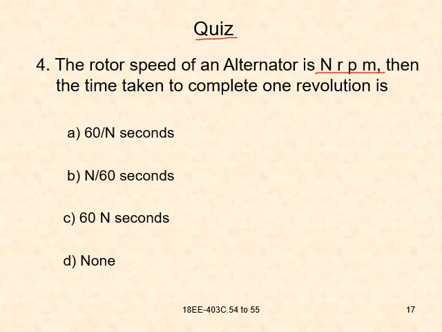The time taken to complete one revolution is N by 60, actually... 60 by N, we'll just see. 60 by N only is right.